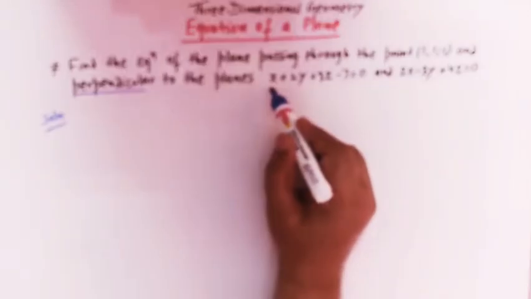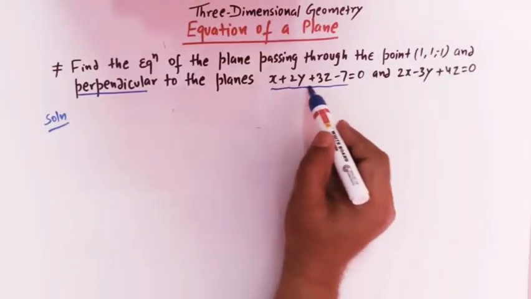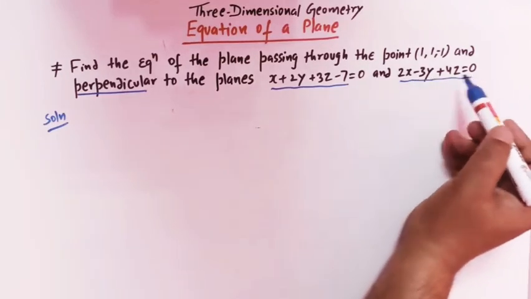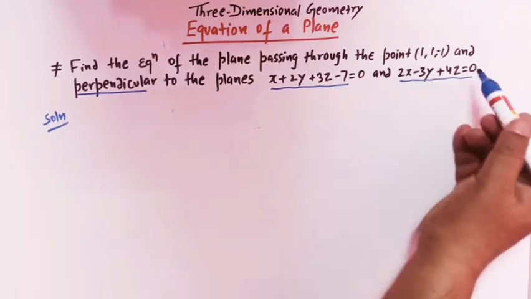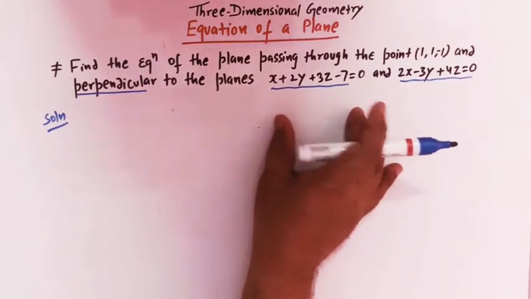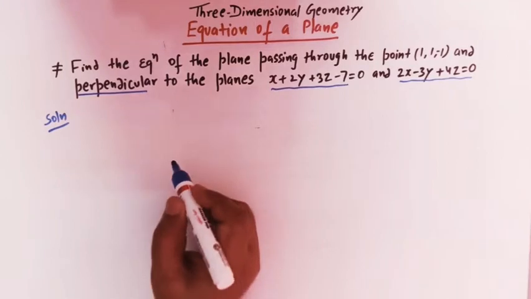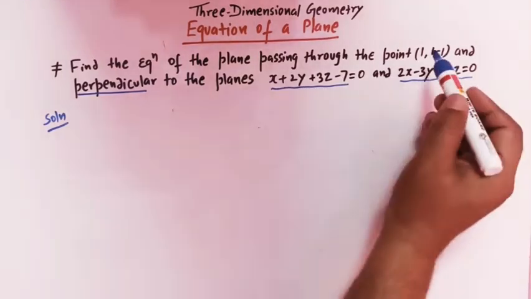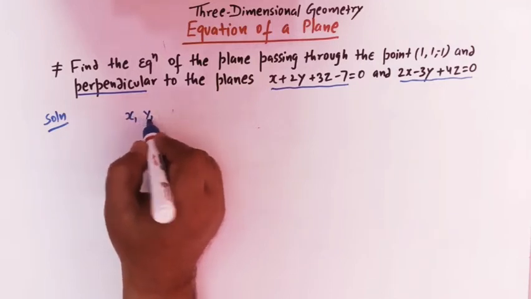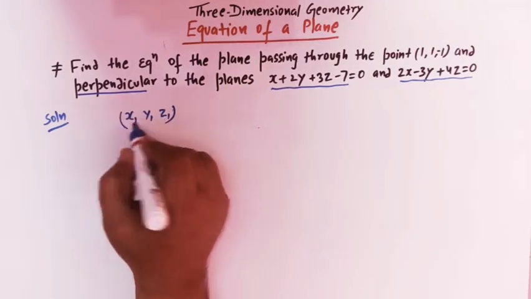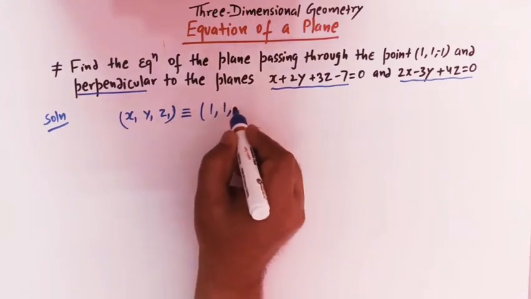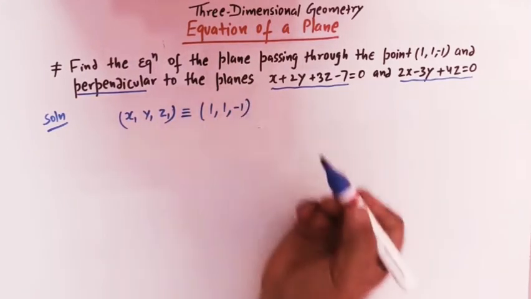the planes x + 2y + 3z - 7 = 0 and 2x - 3y + 4z = 0. Now here we have to find the equation of the plane which passes through this point. So let x1, y1, z1 be the point 1, 1, -1.